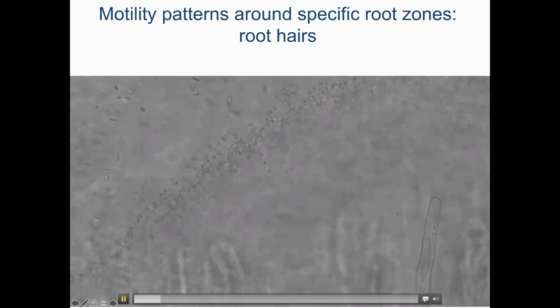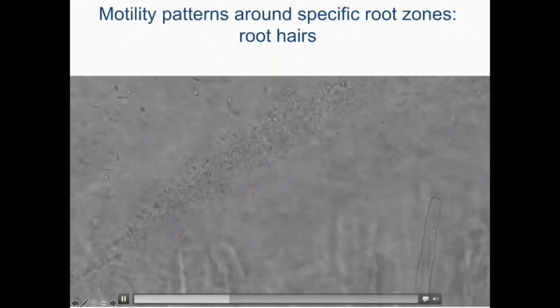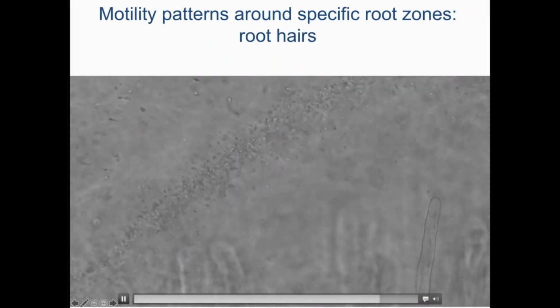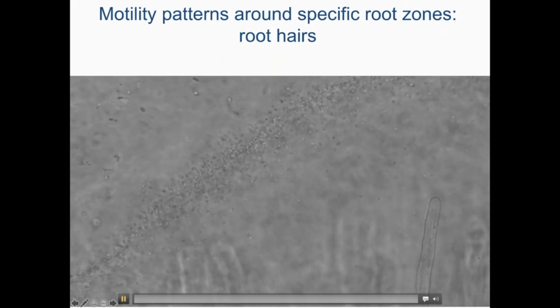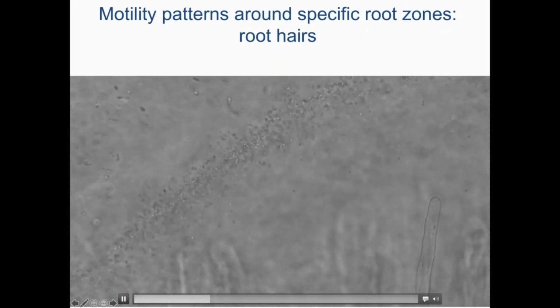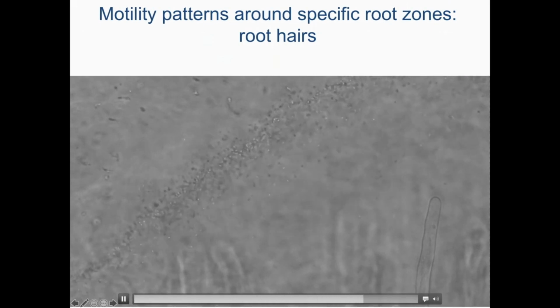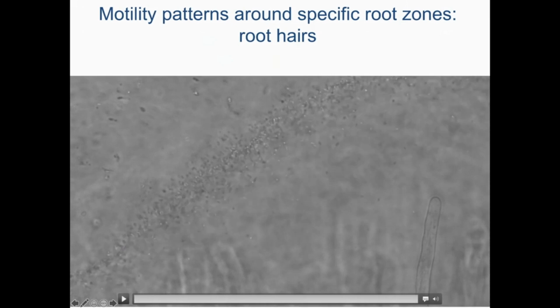And here I'm showing you one of the earlier movies that we had. It's a real-time movie. This is a root hair. And you can see that cells are swimming around the root hair. And you can see that here they form a band where they seem to be stuck in this region, and some others are swimming more freely around the root hair.